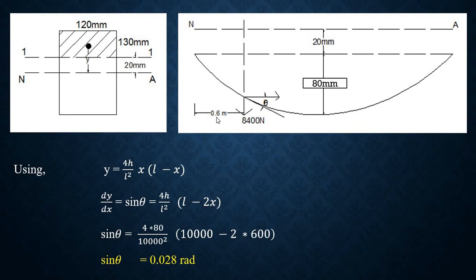Here at 0.6 distance, how much is the slope also we required. So we are taking this 0.6 meter in mm, so it will be 600. Sine theta is equal to 0.028 radian is a slope here. And one more thing, why do we require this slope, you can see here.